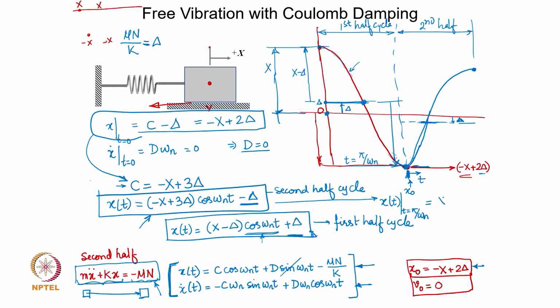Minus, and minus will become plus, because minus of minus x plus 3 delta is going to be plus x minus 3 delta and minus delta. So, which means that at the end of the second half cycle, the amplitude with respect to the original amplitude of x gets reduced by a value equal to 4 delta. So, this is 4 delta value with which the amplitude gets reduced, and that is what we have observed here.